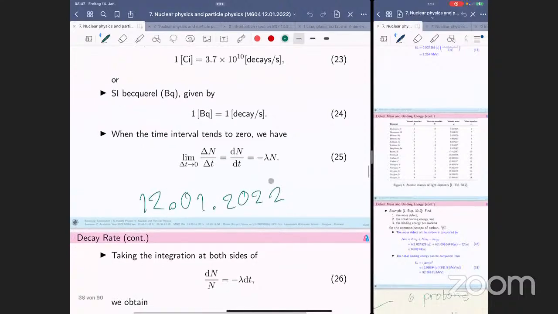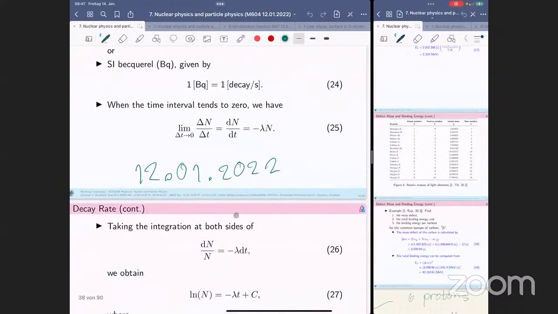The way to solve this equation is that you have to move the same variable, which is the variable capital N here, to the same side of the equality.